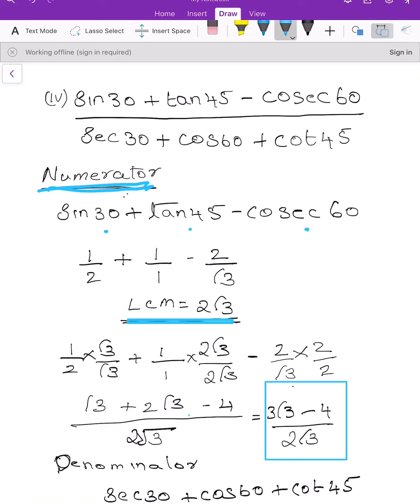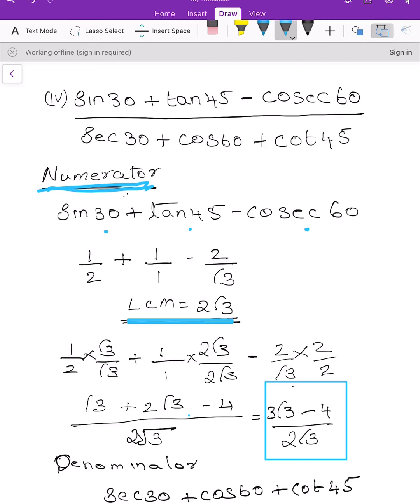For 1, I multiply numerator and denominator by 2 root 3. And here there is root 3, so I multiply with 2 alone. Now 1 into root 3 is root 3, 2 root 3, 2 2s are 4, and the denominator is 2 root 3.